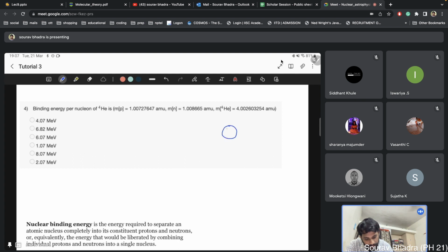Suppose this is a nucleus which has been created by combining Z protons and N neutrons, and the mass of the nucleus is m nuc. So there is a difference between the constituent particle mass, that is Z times mp, where mp is the mass of proton, plus N times the mass of neutrons, because these have come together to form that nucleus, minus the mass of the nucleus.